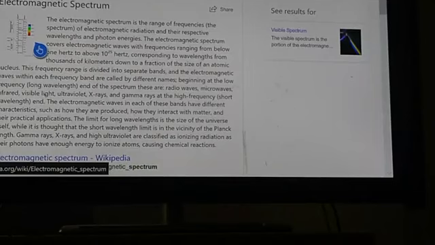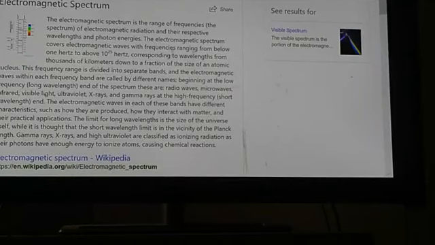So the electromagnetic spectrum covers electromagnetic waves of frequency ranging from below 1 hertz to above 10 to the 25th power hertz, which is a lot, corresponding to wavelengths from thousands of kilometers down to a fraction of the size of the atomic nucleus. Hey, pay attention to that atomic nucleus. So it even goes beyond atoms and the subatomic particle.